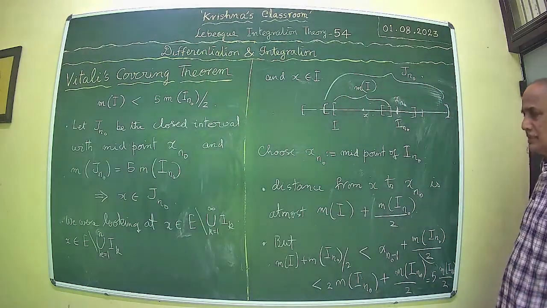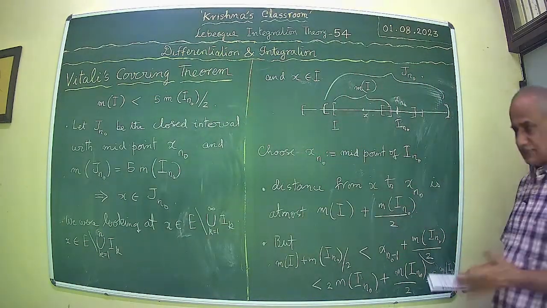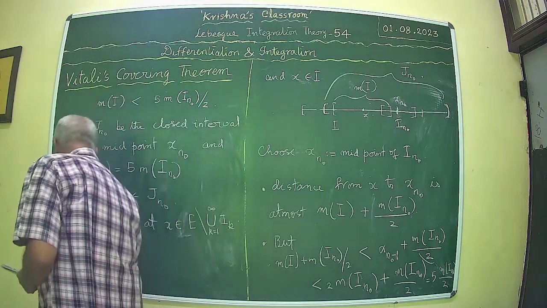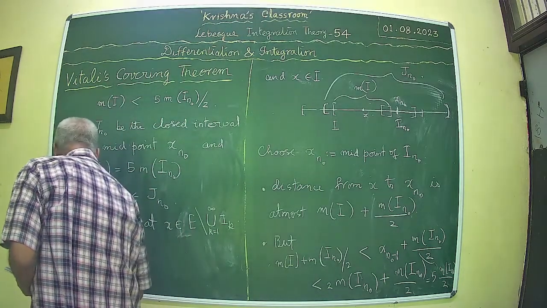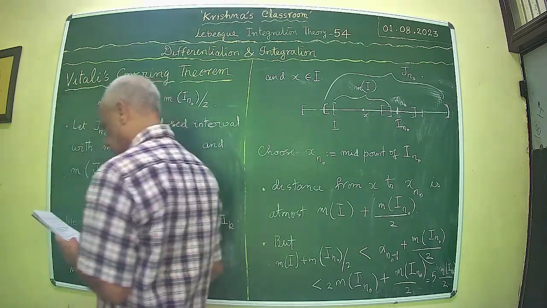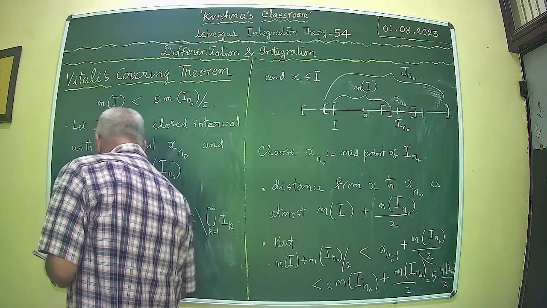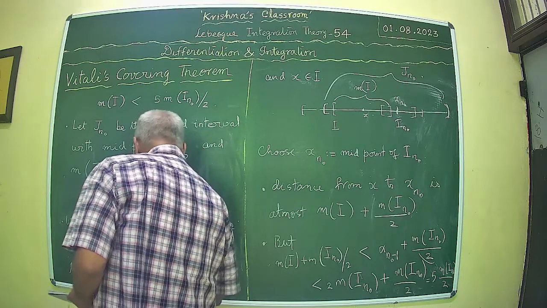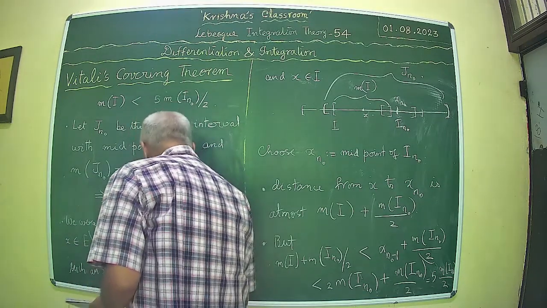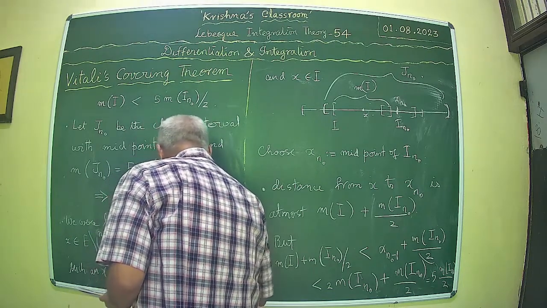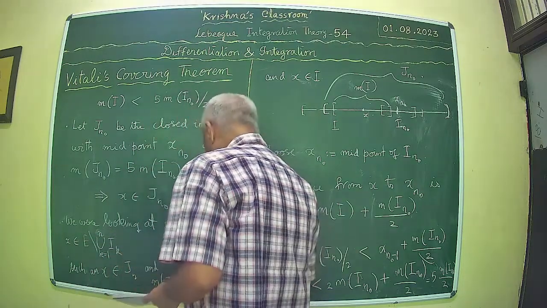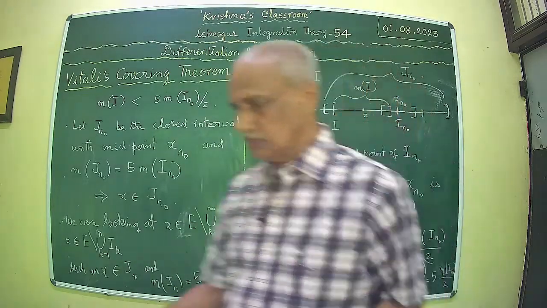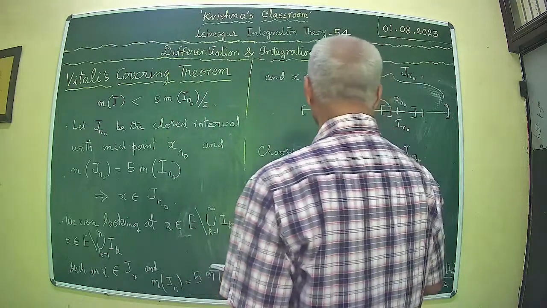Then what we prove is that such an x can be packed into J n, and measure of J n is equal to 5 times measure of I n. This is how we have defined the J n's.